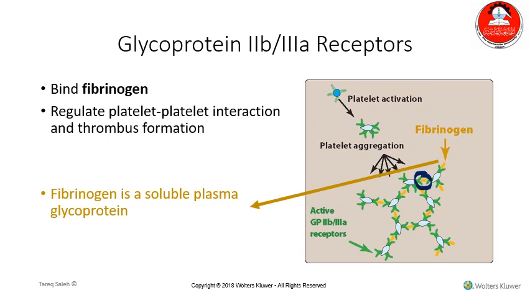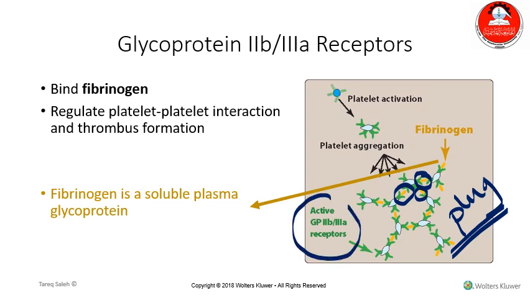So each two adjacent platelets will use these receptors to form a crosslink. And as these crosslinks build up, platelets start aggregating, forming the platelet plug. Okay, so this is how platelet aggregation happens, and platelet aggregation definitely requires the activation of the glycoprotein IIb/IIIa receptors.